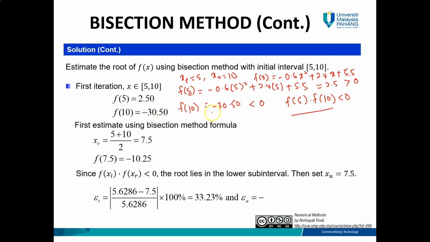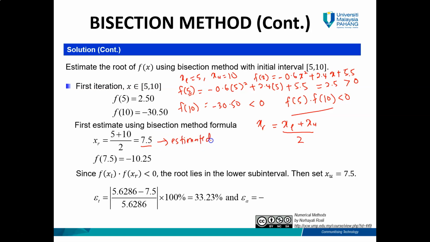We need to find our xr by using xl plus xu divided by 2. In our case, xl is 5 and xu is 10, so 5 plus 10 divided by 2 gives 7.5. This is our estimated root.